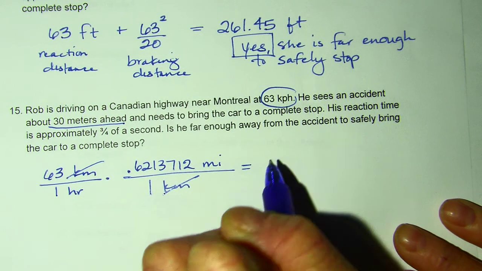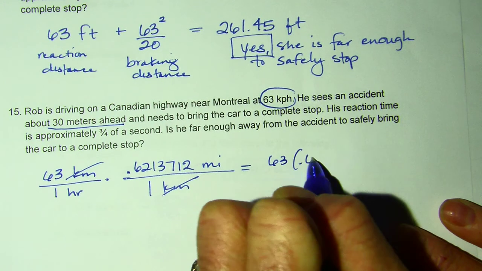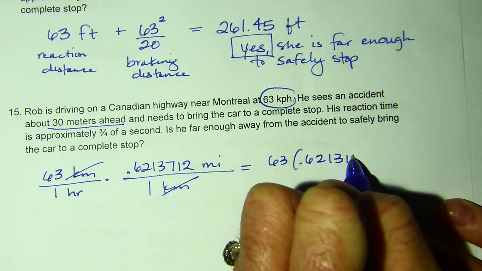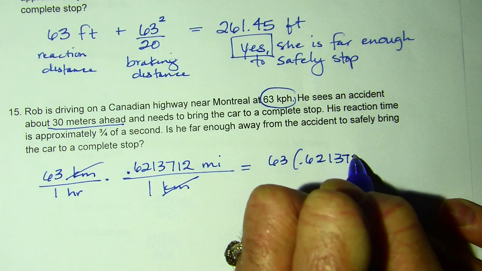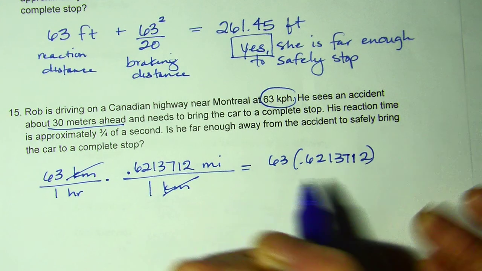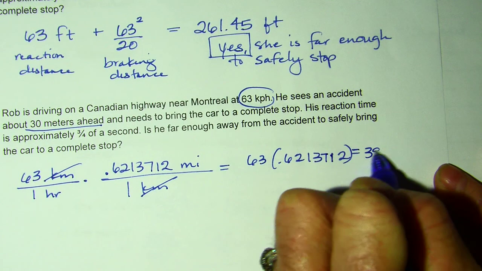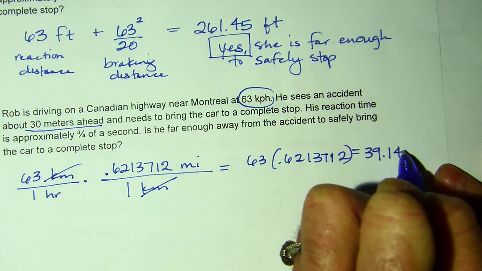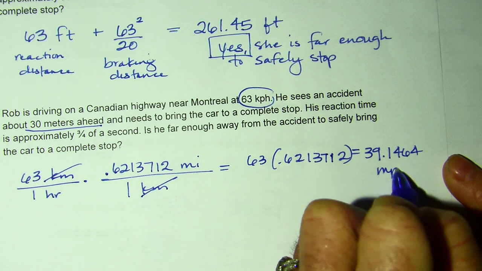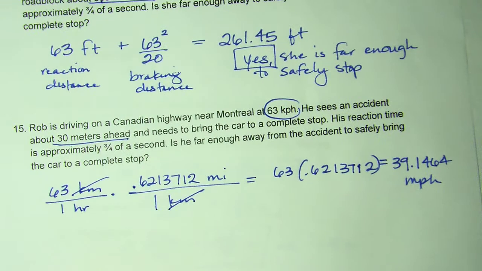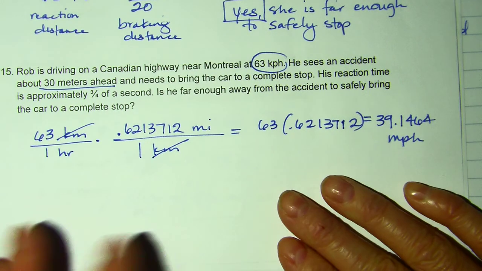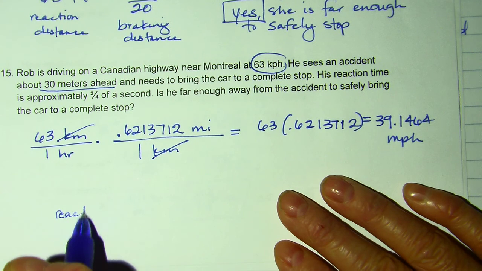So I'm going to be multiplying 63 times that long decimal, but it's important to make it accurate. And I get that he's traveling 39.1464 miles per hour.